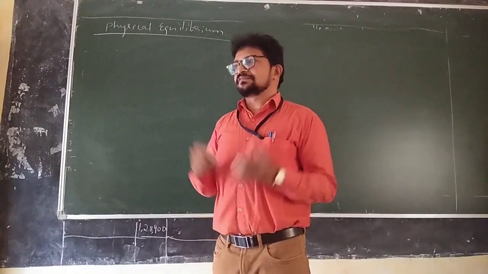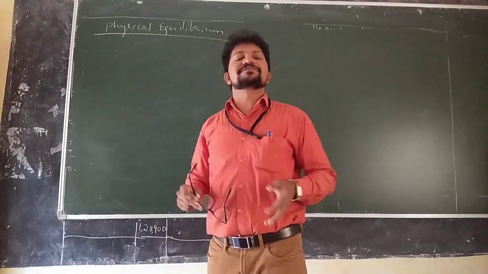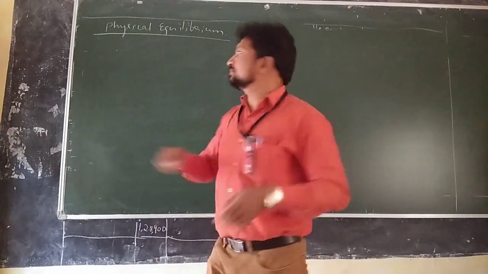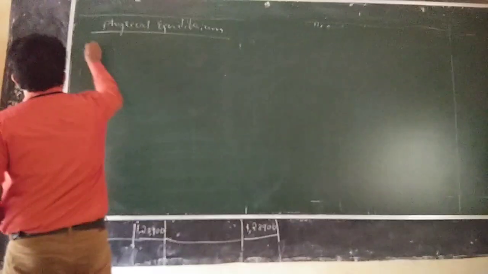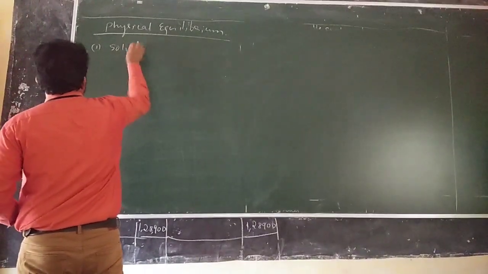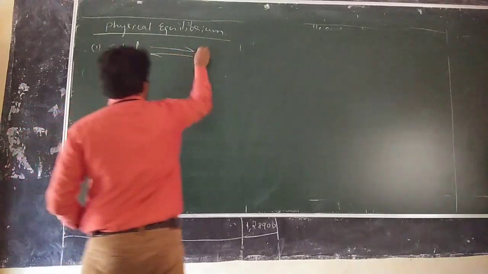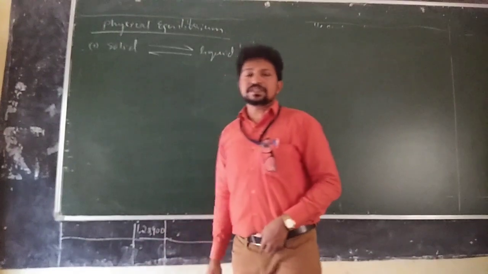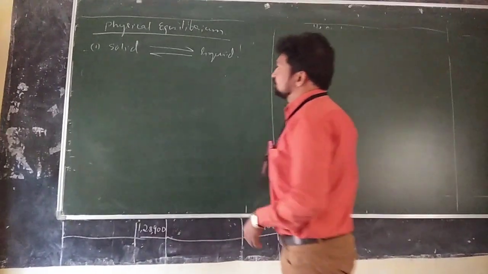Matter in one form remains in the same form, only its physical state changes. So some of the examples of physical equilibrium. This is one of the physical equilibrium. Solid to liquid. This is one example of physical equilibrium.